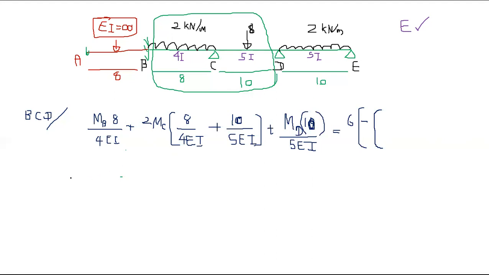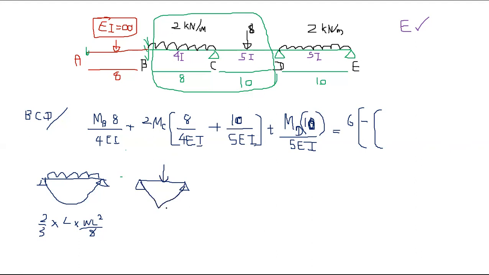A1 is, so you remember, the area, 2/3 L into WL squared over 8. WL squared over 8 is the bending moment. If it is a point load at the middle, right? So this, you know, PL by 4, or WL by 4.